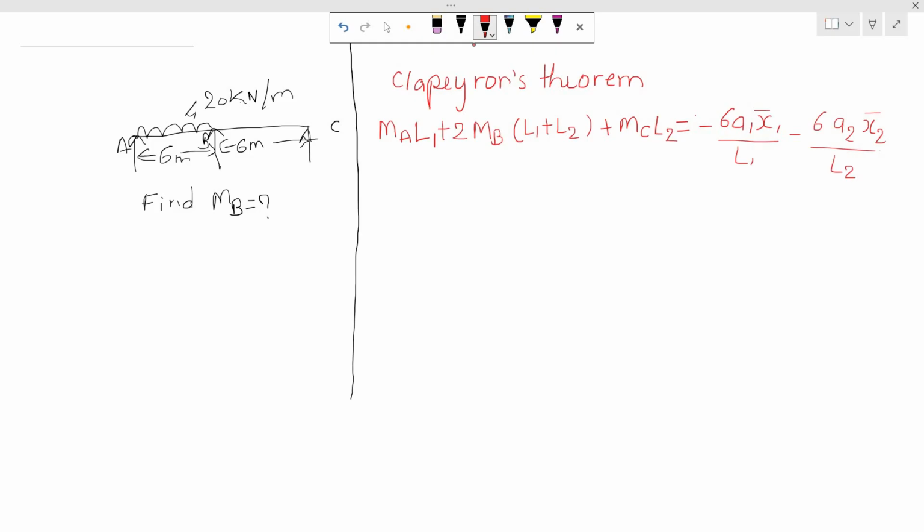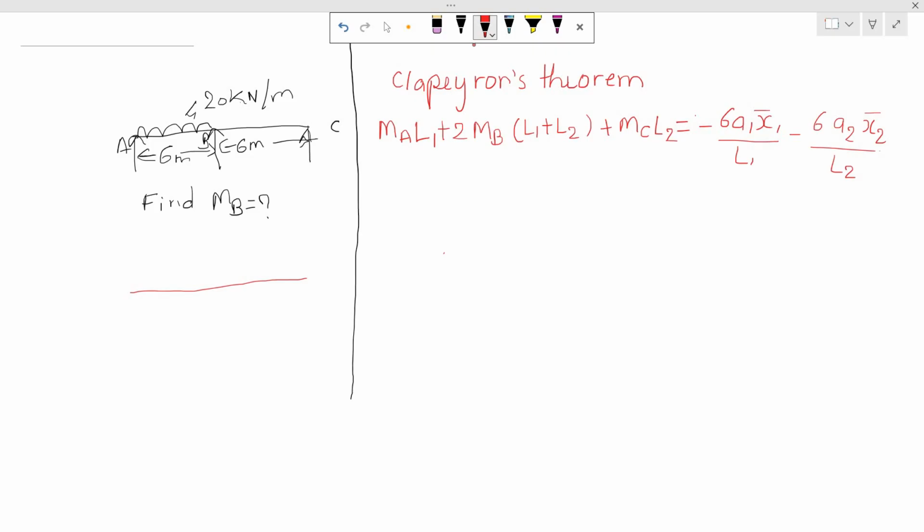These are the areas of the bending moment diagram, A1, and A2 for another span. X1 bar is the distance of CG from support, right? So first we need to draw the bending moment diagram. For separate spans we can draw.